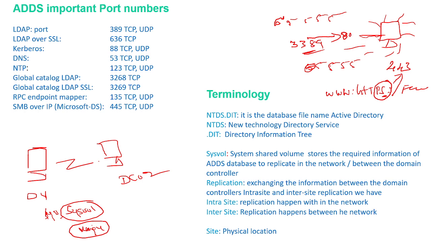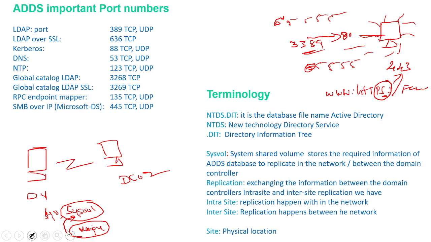So any data that has to be replicated, say for example Manju I just created, that information will go and sit in the sysvol folder. All the domain controllers will take the sharing information from this sysvol folder only. Means any data that has to be replicated between the domain controllers will be passed in the sysvol folder only.